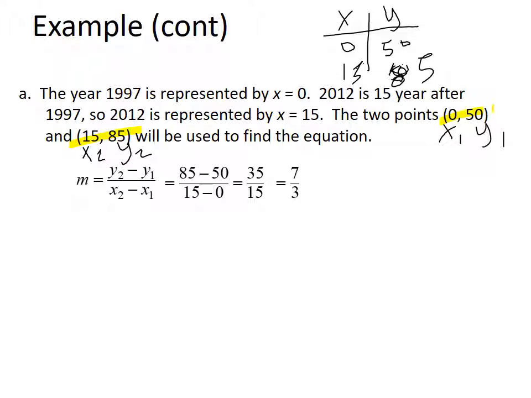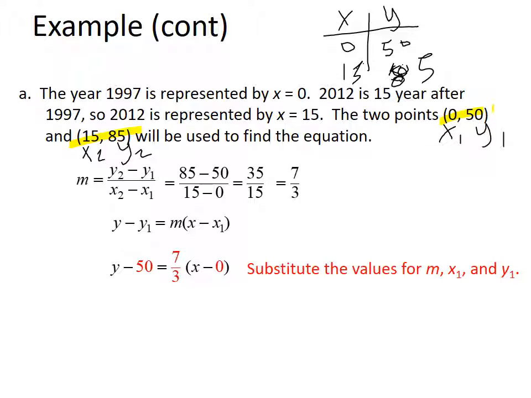Okay? Once I have my slope, I can choose either point, but we're going to choose 0, 50 because it has a 0 in it. If we get a choice of a coordinate with a 0, we run with it. And we're going to plug them into y minus y1 equals m times x minus x1. So I substituted the values. Now that I've substituted the values, I'm going to clean it up.